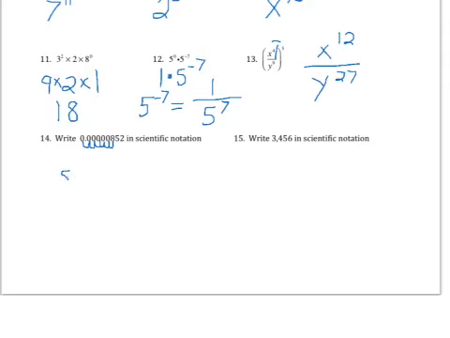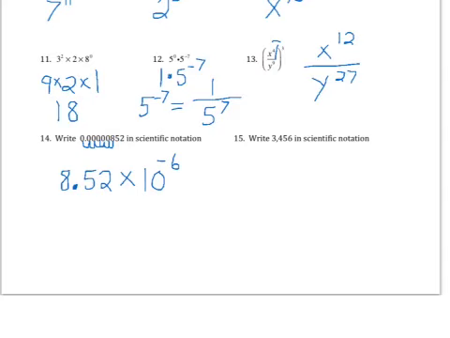So that gives us 8.52 times, we always use a 10, and since we made a number bigger, instead of raising it to a positive 6, we're going to raise it to a negative 6. If you multiply this back out, raising something to the negative 6 would make it smaller because it would make it a fraction.